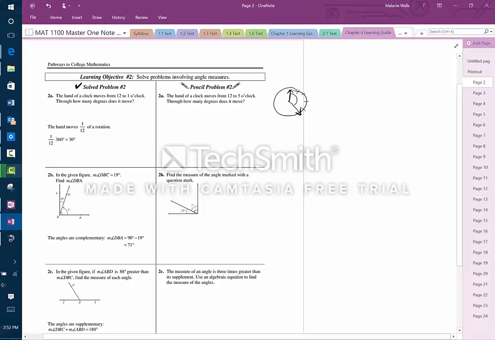Then if each one of these is 1/12 of the whole, if it's moving all the way to 5, it's moved 5/12. So 5/12 of 360 degrees, we would go ahead and cancel out a common factor of 12, which would leave me with 30, and then 5 times 30 is 150 degrees.